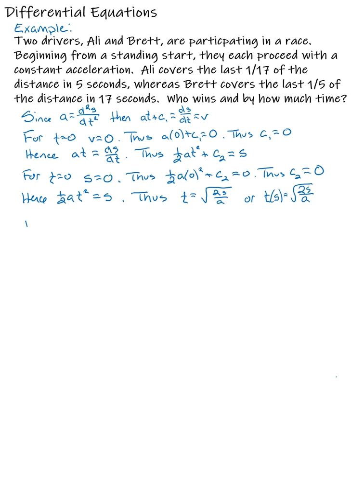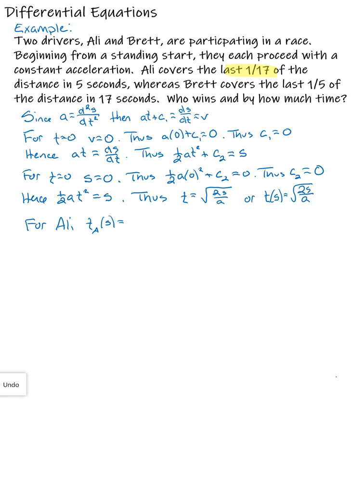All right, so let's first look at what's going on with Ali. I'll write Ali's time as T sub A. Looking at the total time, again, it's a function of S. Notice that Ali covers the last 1/17th in 5 seconds.